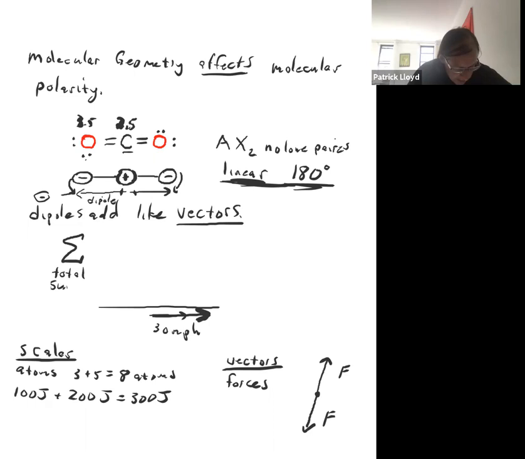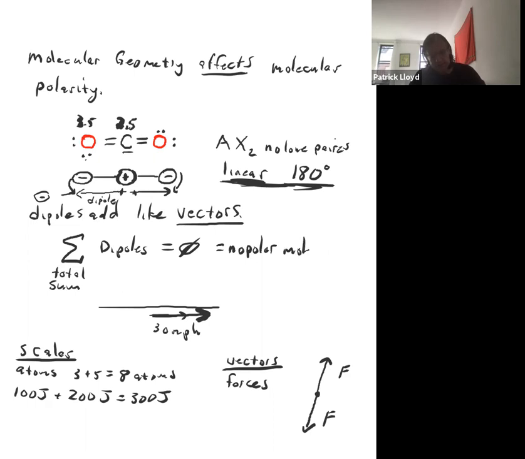You're gonna sum them up. Let me write it here. The sum of the dipoles is equal to 0 in this case, all right? So the result of that is if the sum is equal to 0, it's a nonpolar molecule. So even though at the molecular level, each bond is polar, overall, the molecule is nonpolar because the dipoles cancel each other out.